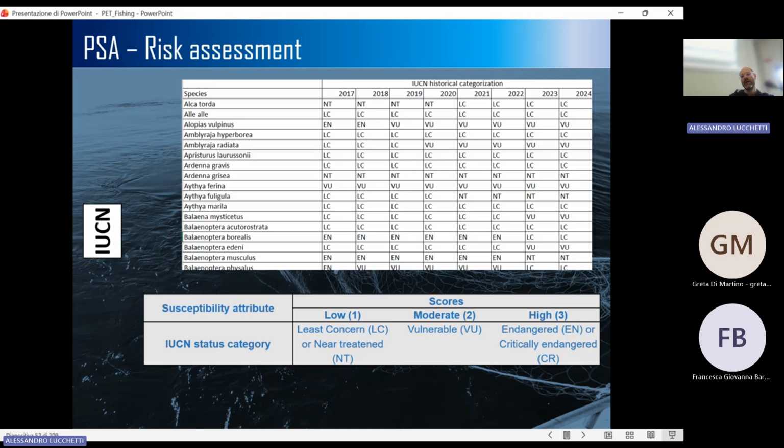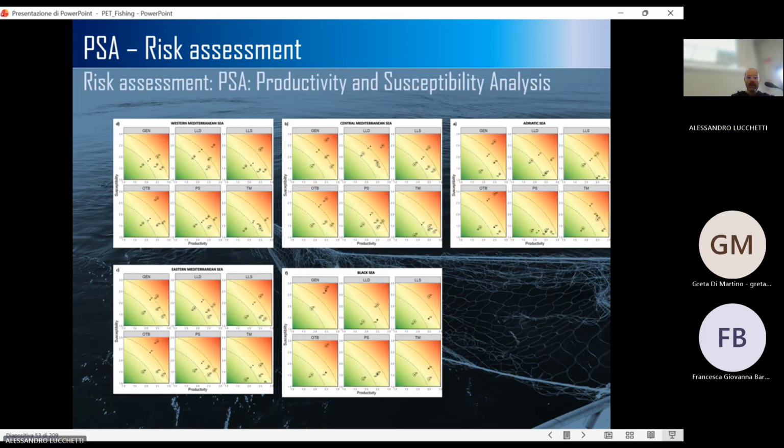IUCN, here you have a list for some species, and you can see also that for certain species, as I said at the beginning of this lesson, the score of the protection level of each species can vary from year to another.